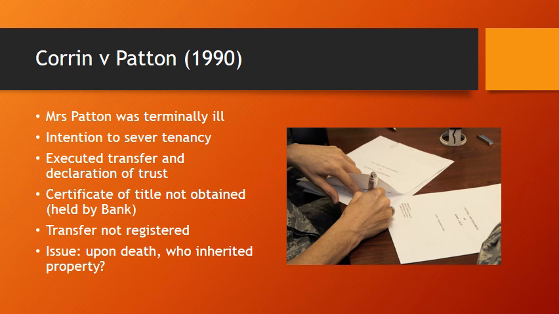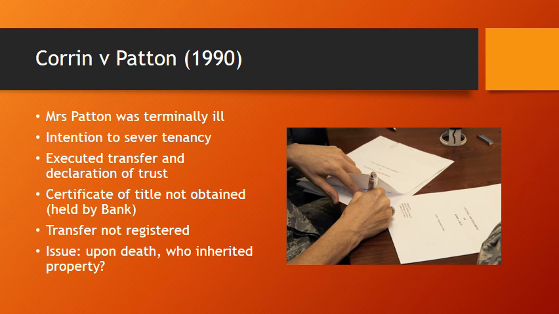But today we have very few physical certificates of title in existence. But in those days, in the 1990s, and I believe this was a New South Wales case, where they still do have a lot of certificates of title, they had to actually obtain the paper copy and lodge that along with the transfer document, because the certificate of title showed that you had good title to the property, or you were purchasing good title to the property.